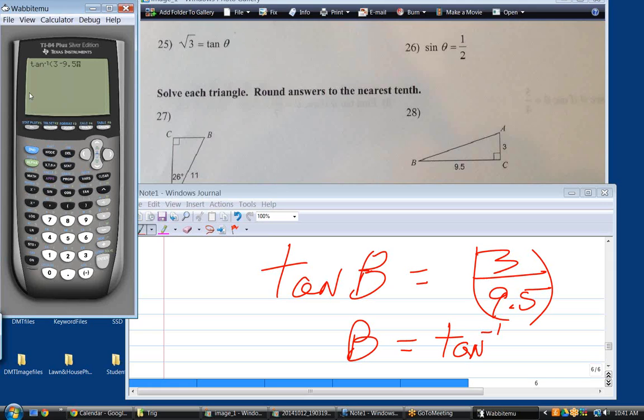I cannot force myself to use this keyboard instead of my own keyboard. I know. So this is 3 divided by 9.5. End paren, enter.